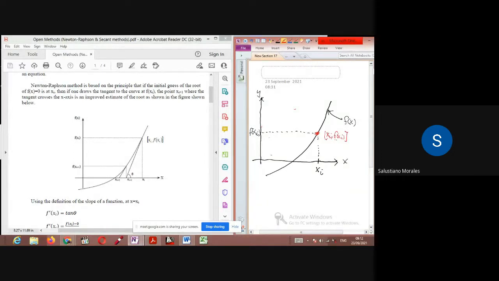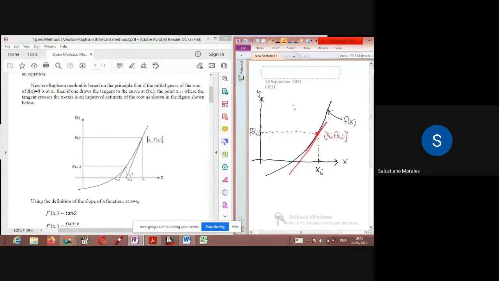So in the statement there, we're going to draw a line tangent to this point. Assuming that this line is already tangent to that point xi, f of xi, we're going to extend this straight line until it crosses the x-axis.